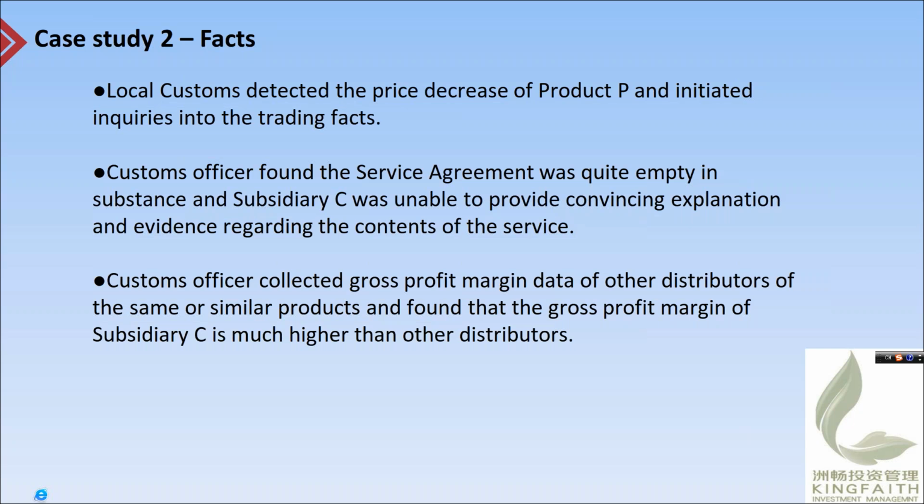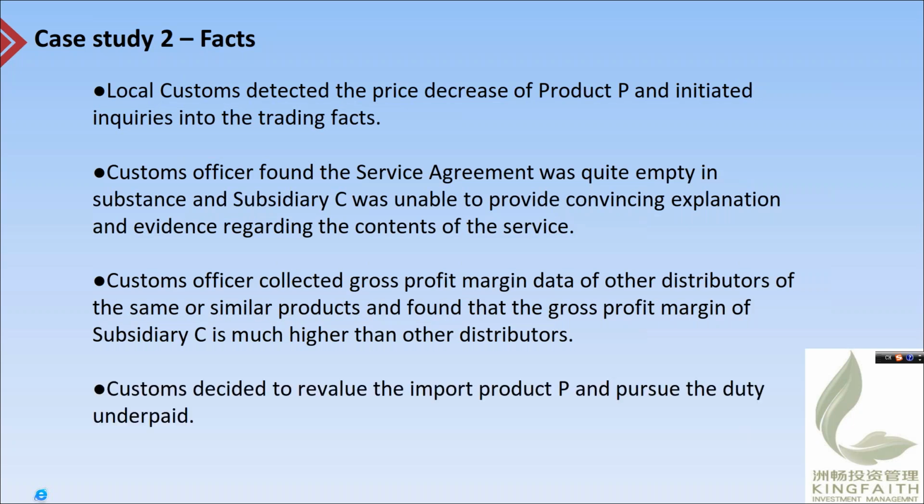So they decided to revalue the import product P and pursue the duty unpaid. In this case, the importer, the enterprise, was also confused when faced with customs inquiry and audits, which is, however, quite understandable and also quite common among multinational companies.